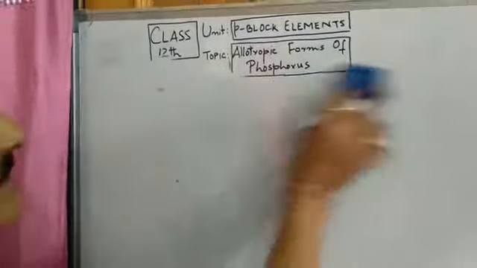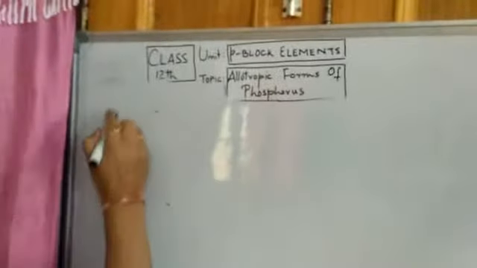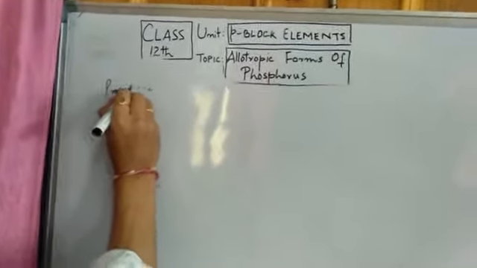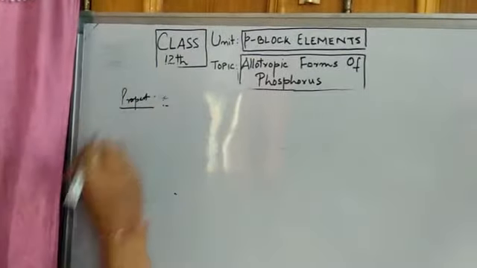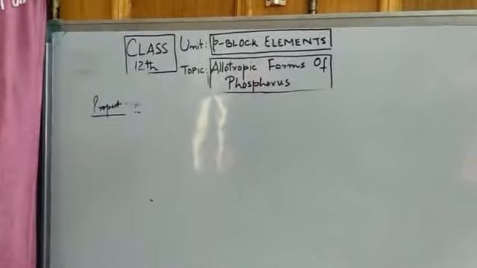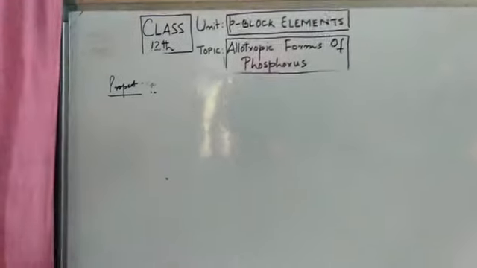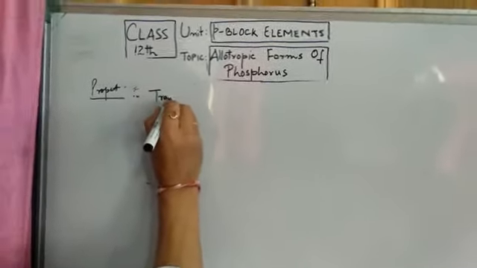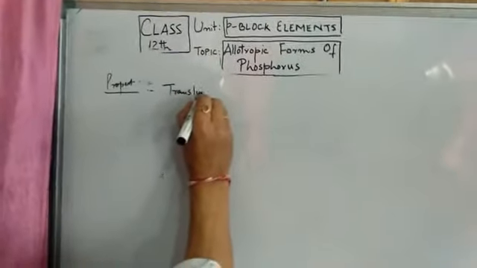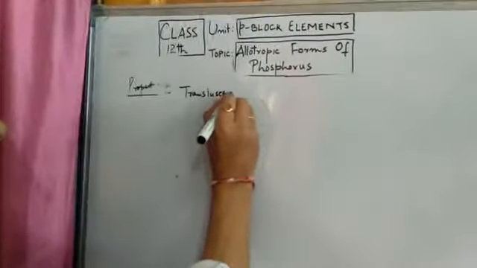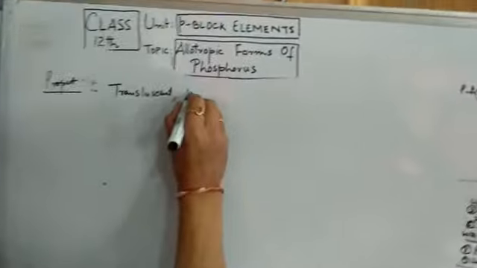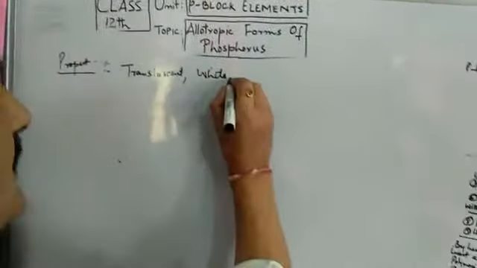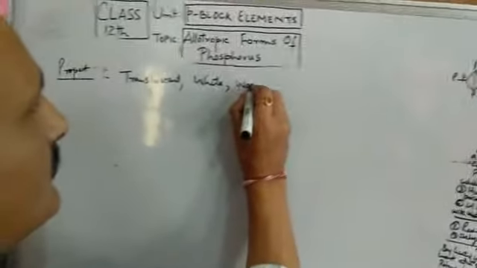Now coming to its properties, we will discuss the properties in brief. As far as white phosphorus is concerned, it is transparent, rather translucent in nature. Its color is white, as the name suggests. Then it is a waxy solid.